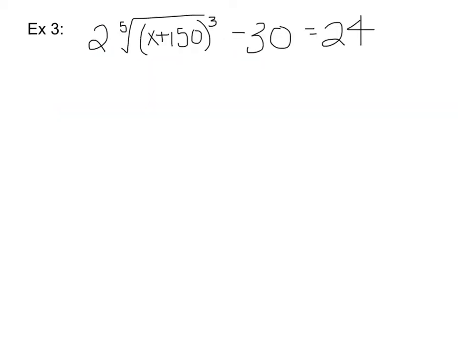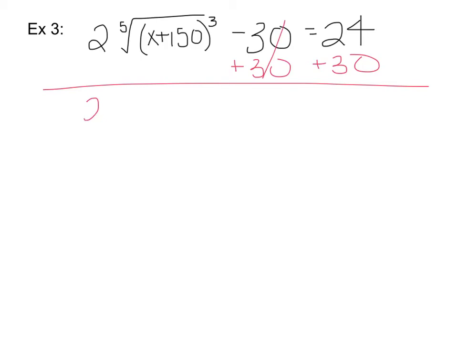In example 3, we have 2 times the 5th root of x plus 150 all to the 3rd power, and then minus 30 equals 24. The first thing I want to do is get everything away from this radical. So to move my minus 30 to the other side, I'm going to add 30.